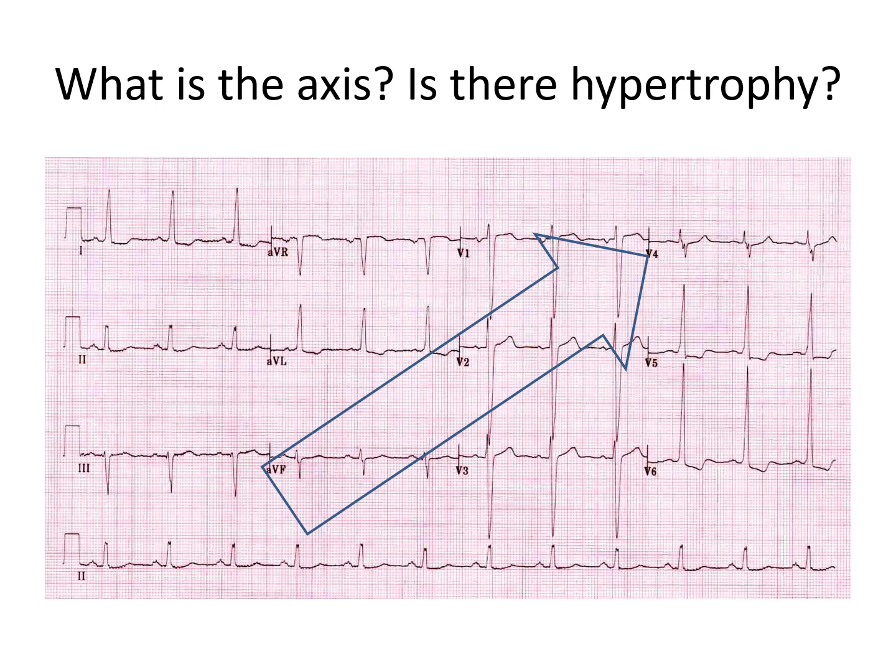The formal criteria are as follows. The most specific one is if AVL is more than 11 millimeters, which is more than 2 of the large boxes. Then the second one is if the upright deflections in V5 or V6 are more than 5 square boxes or 25 millimeters, or if the negative deflections in V1 or V2 are more than 5 boxes or 25 millimeters.